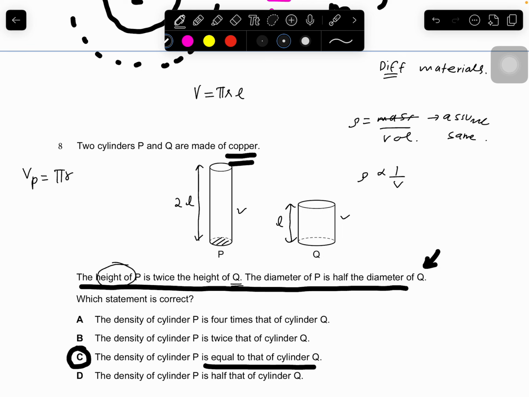The diameter of P is half the diameter of Q. So that means if this radius is R, then this is going to be 2R.